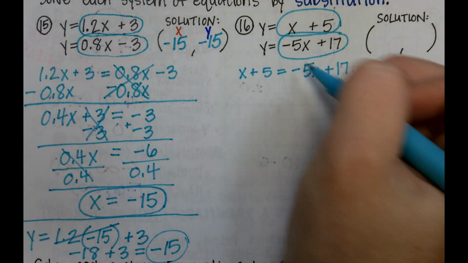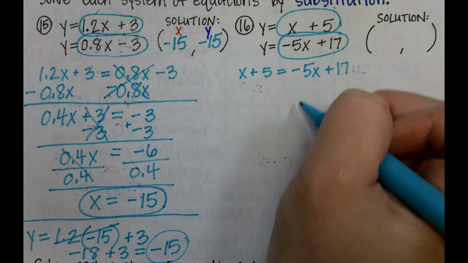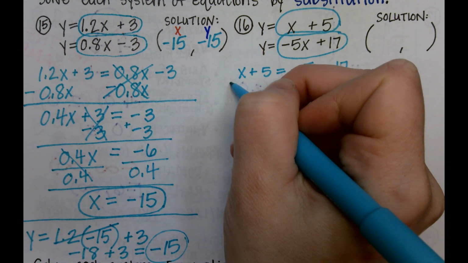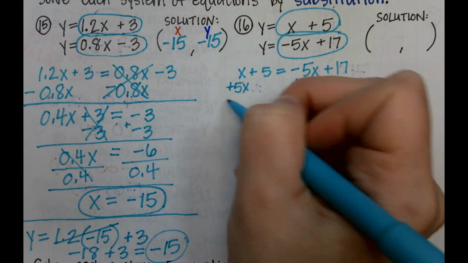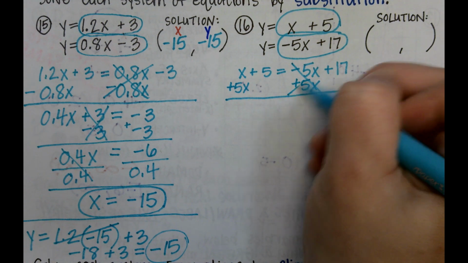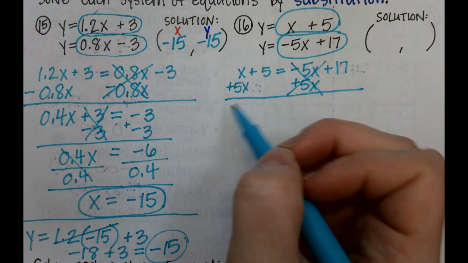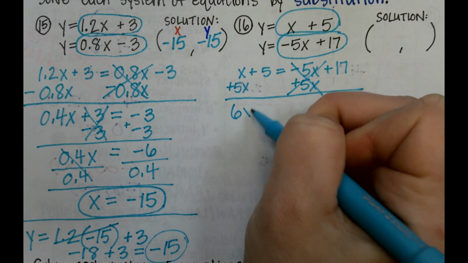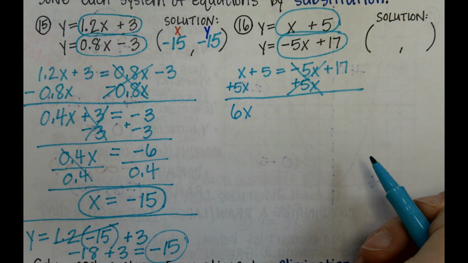Get rid of our x. Yeah, we could add the 5x. Let's do that. Plus 5x to both sides. So my negative 5x and my plus 5x, those are going to cancel. What's x plus 5x? 6x. Good. And what do I do next?